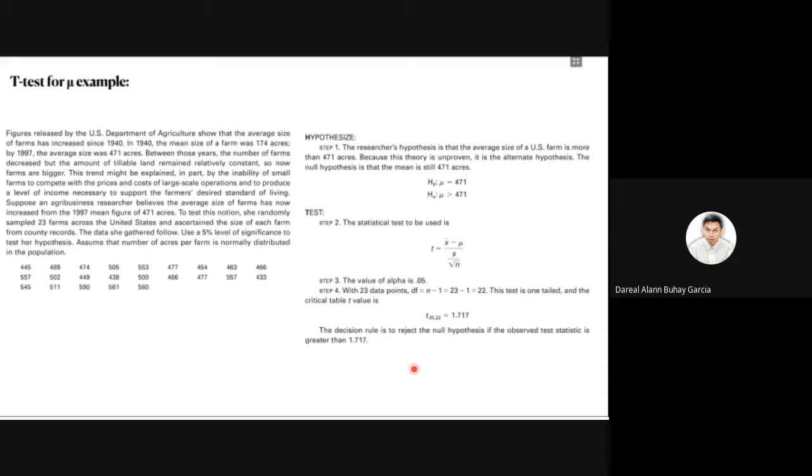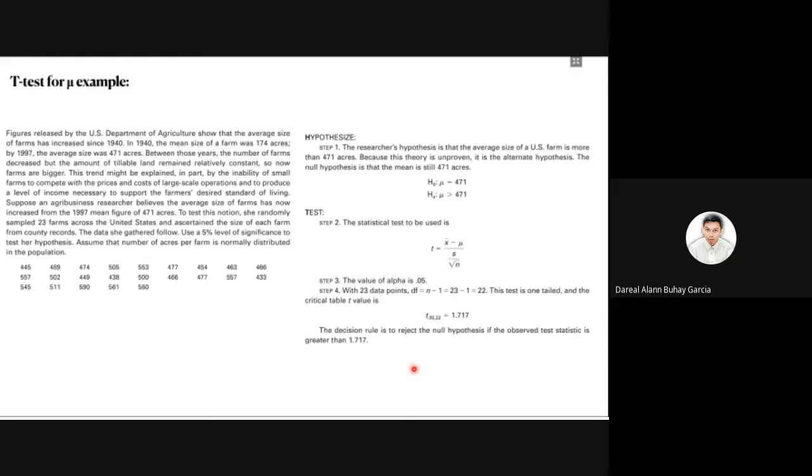This trend might be explained in part by the inability of small farms to compete with prices and cost of large-scale operations and to produce a level of income necessary to support the farmer's desired standard of living. Now, suppose an agribusiness researcher believes that the average size of farms has now increased from the 1997 mean figure of 471. So that gives us an idea of what our alternative hypothesis will be. The average size has increased.